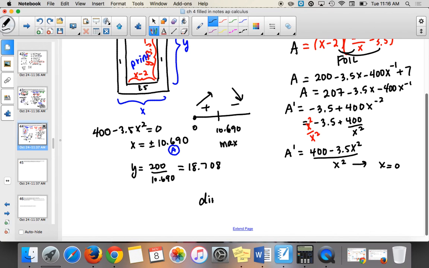So your dimensions were 10.690 inches by 18.708 inches. So I'm using the inches mark. That's not second derivative or anything.